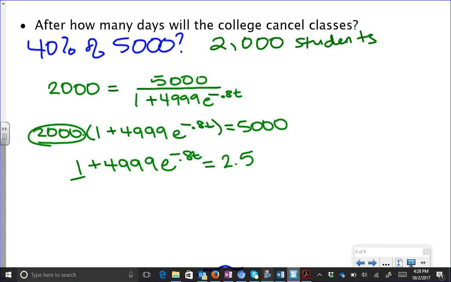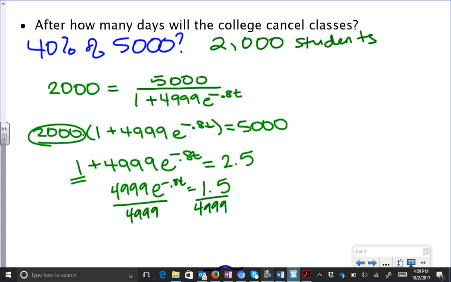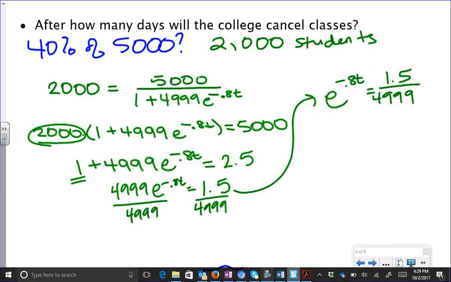Then I'm going to take this 1 and subtract it over. We still need to get that exponential piece by itself, so we can go ahead and divide by that 4,999. Now I know this is going to look ridiculous, but I want to make sure we're getting as close to an accurate value as we can. So I'm just going to leave it like this for now.